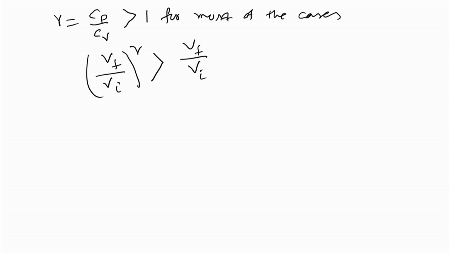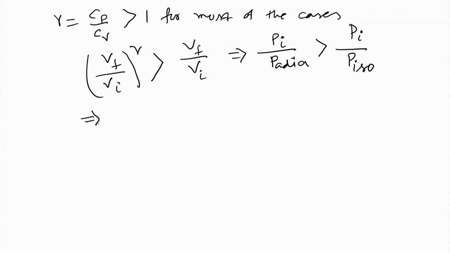Okay. So, this tells us that Pi by P adia is greater than Pi by P iso. Okay. So, we get that P iso is greater than P adia.